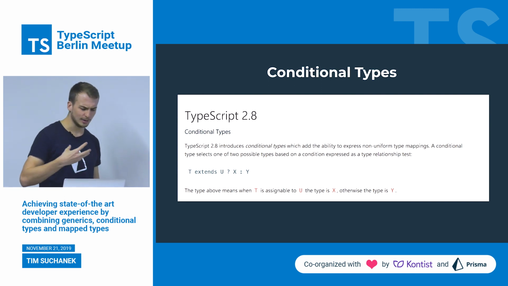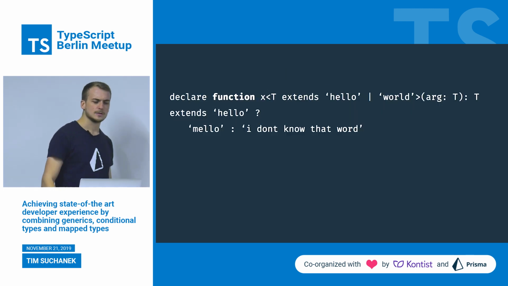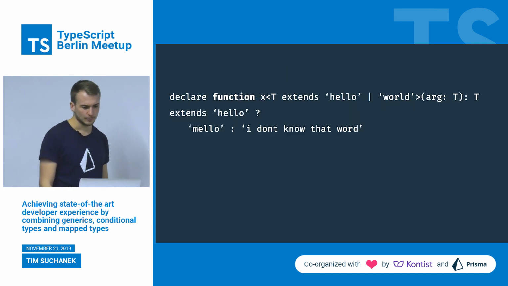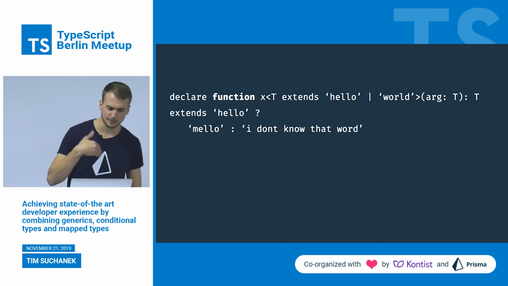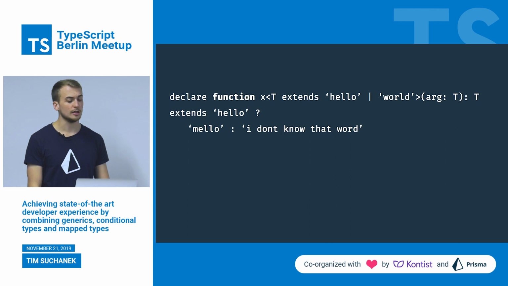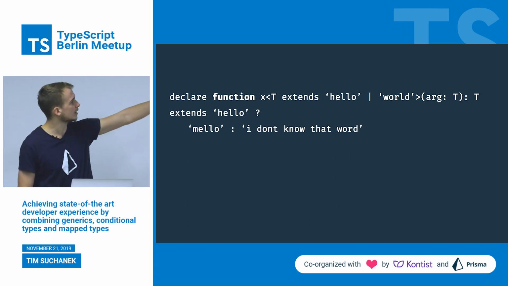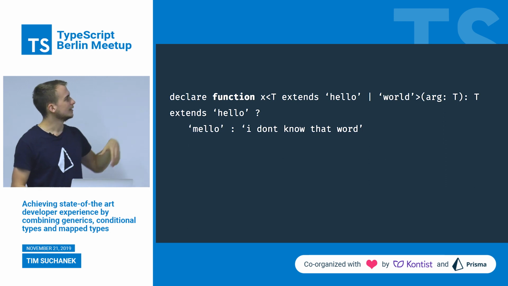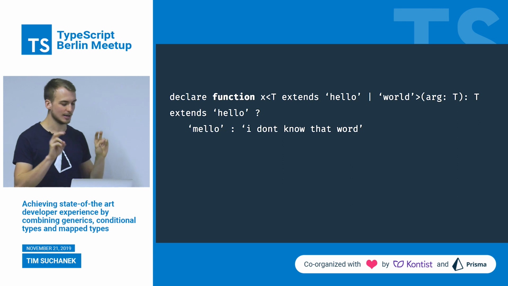And to make this a little bit more real world, let's actually look into an example. So let's say we have a function. This is not pretty formatted, but we have a function X. And T can either be hello or world. Concretely, if we say T extends hello, and extends in this case, you can just think of it as equal.